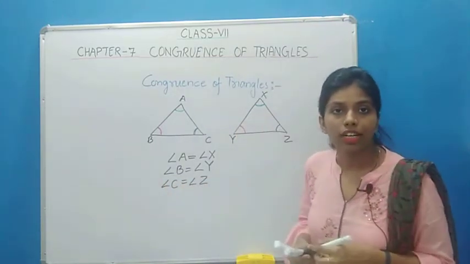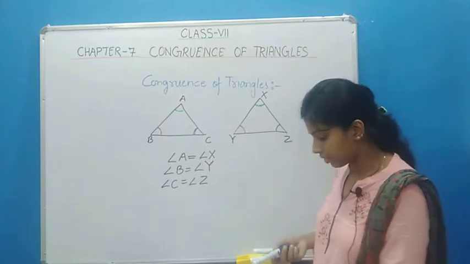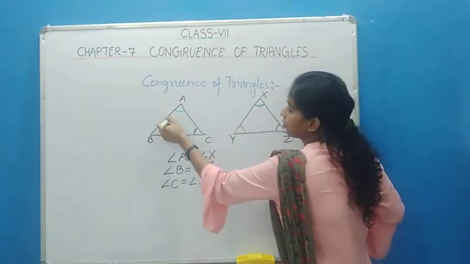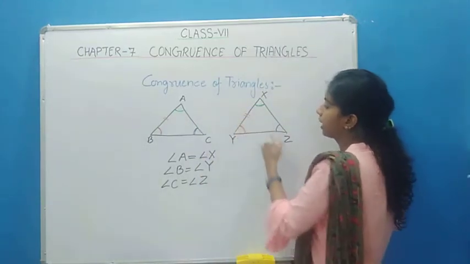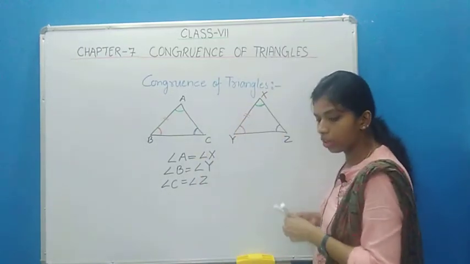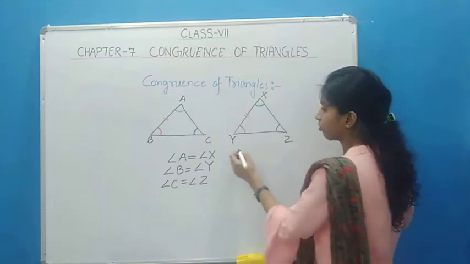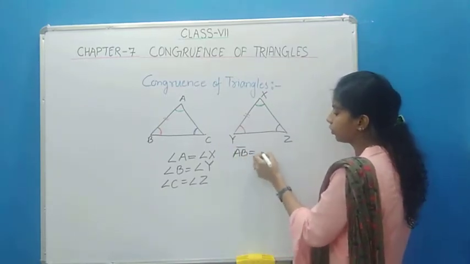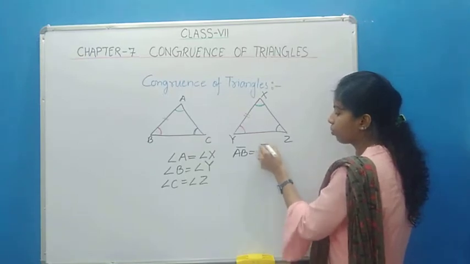Now let's discuss the sides. Suppose I am taking side AB equal to side XY. So let's write here also, AB side is equal to XY.